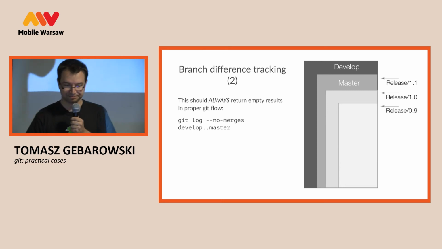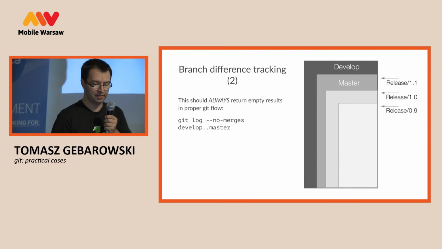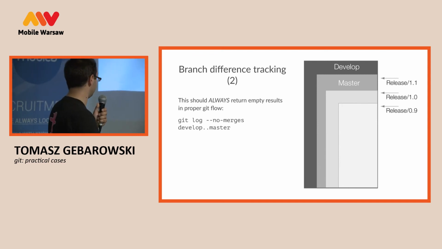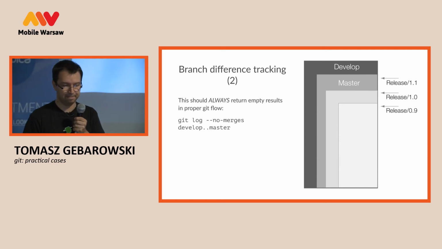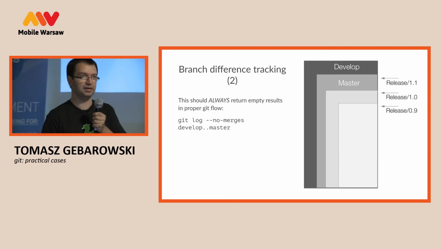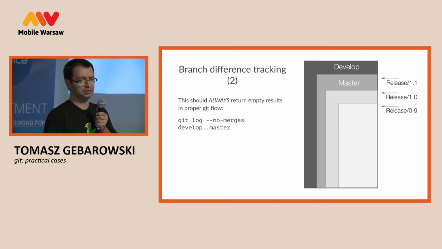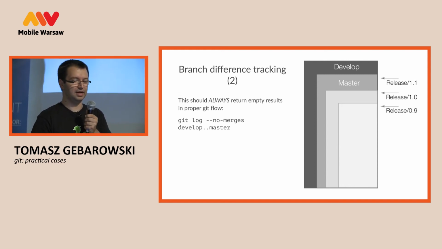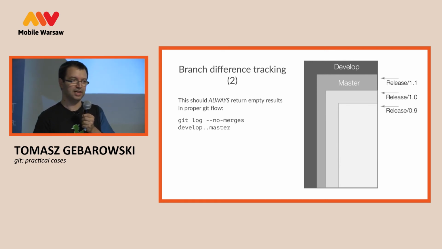And for example, in order to verify that Git flow is applied correctly, we can invoke git log with the no merges option. And this command, when we compare develop with master, should always return an empty list. Maybe not always, but in most of the cases, it should return an empty list because it indicates that master has no commits that are in develop.